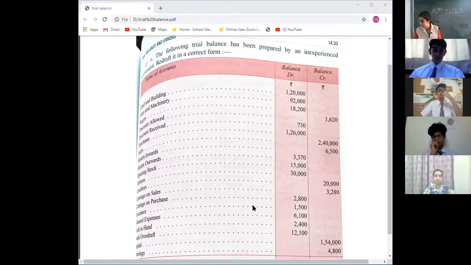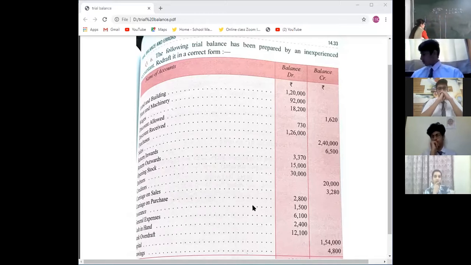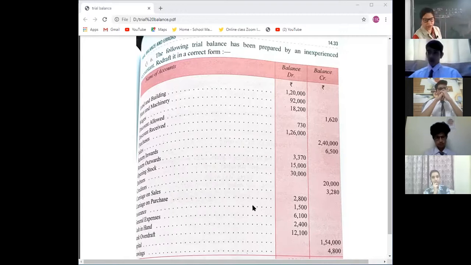Now how to make it? Look at the screen, children. Serial number, detail or name of account, debit, credit. One by one, we will discuss, then we will write.